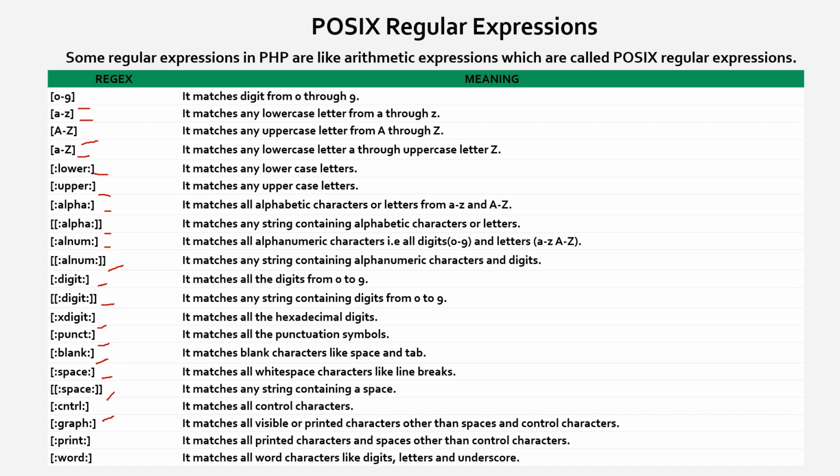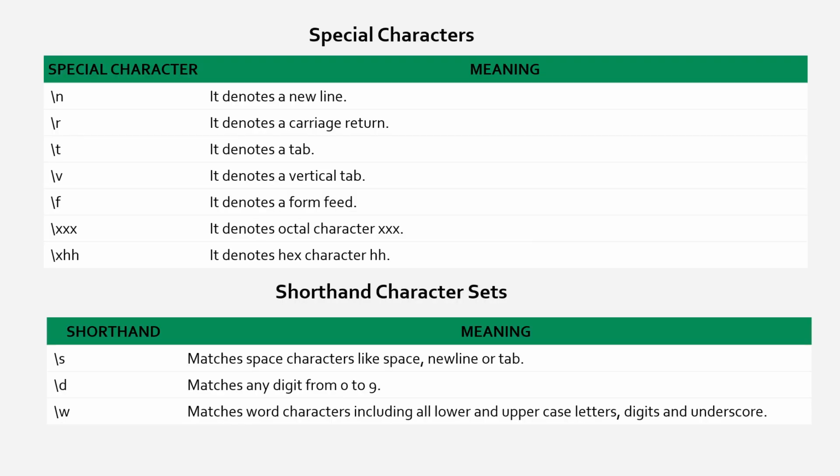Graph refers to visible or printed characters other than spaces. Print refers to printed characters and spaces other than control characters. And word includes all word characters like letters, underscore and so on. Okay, this is about POSIX characters.